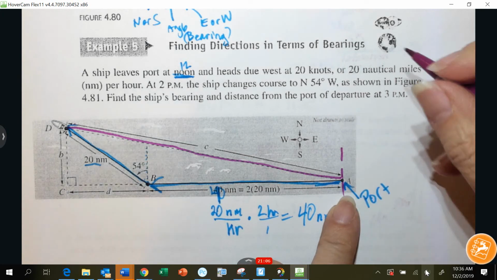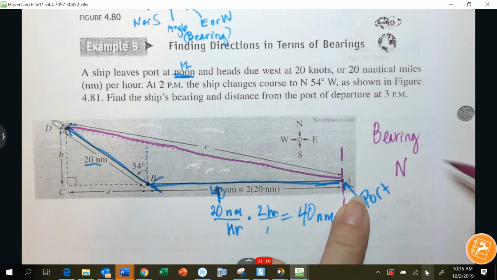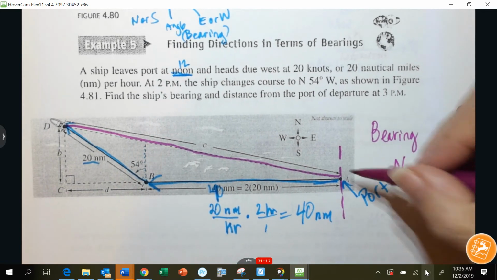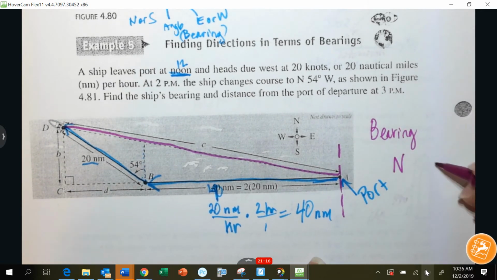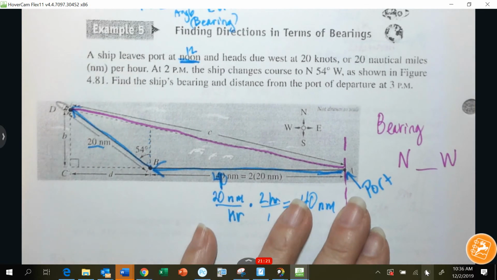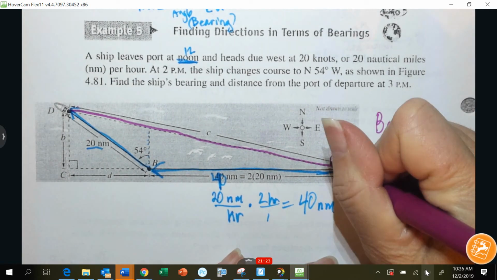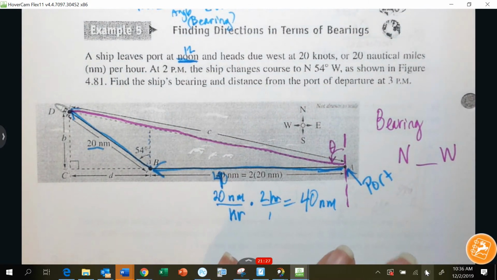It's going to start north. It's going to go some degrees, and then also it's going to go which direction? West. So I just have to find that degrees in there. And in the picture, the degrees that I'm going to find will be this one here. Do you understand the situation, or is there something I did up here that you don't get?